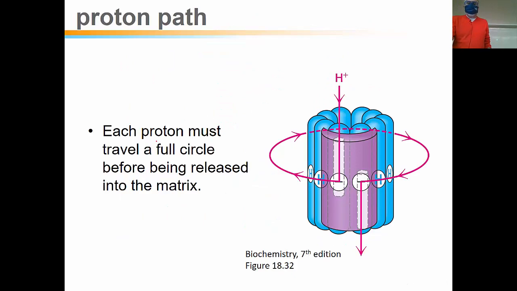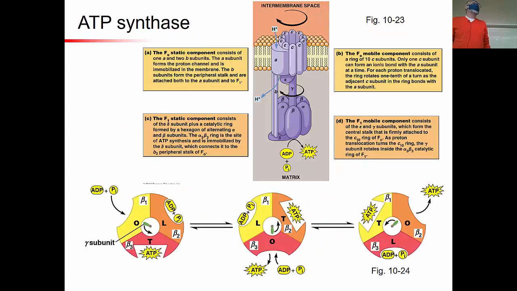And we can take advantage of that, and we can use what's called a stator and rotor. So what we have here is two subunits, the F0 subunit, all of the lettering is the lettering we use, and in the F1 unit, everything is in Greek lettering. But importantly, what we have is this C ring we know spins around, okay?